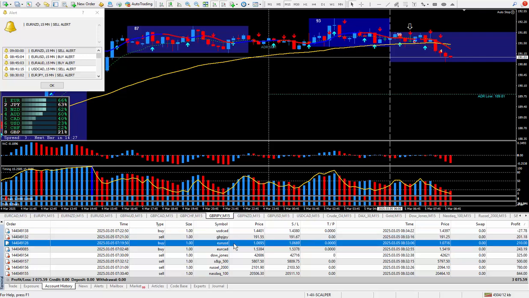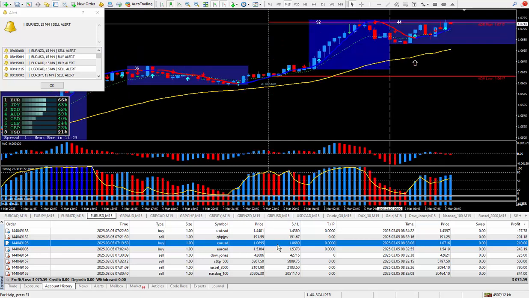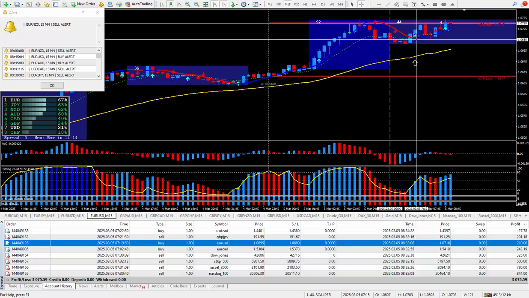Next trade, euro dollar. This one I bought. Let's see where I got in first of all. Everything was perfect, charts, everything top and bottom looking great for buying. Plus the daily trade plan, plus the super signal.